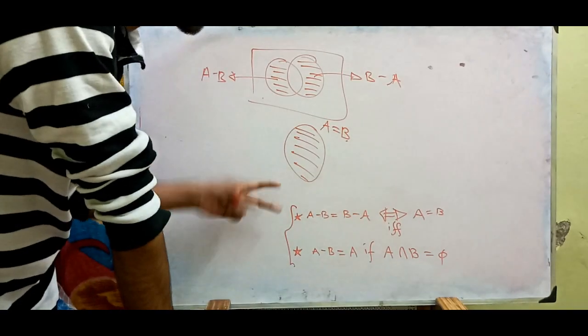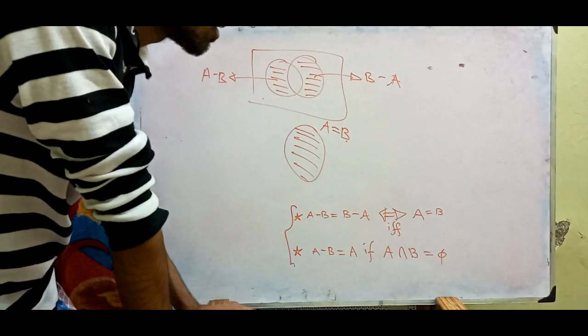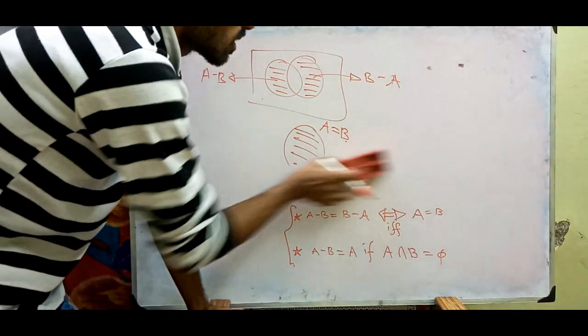Either you take A minus B or B minus A, both are going to be the same set, or the empty set in this way.